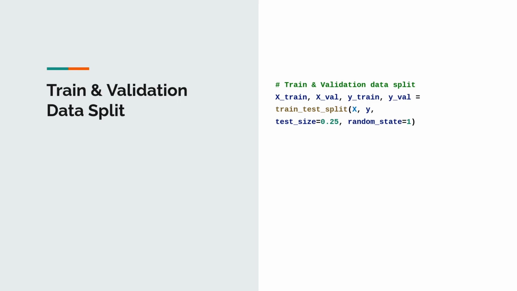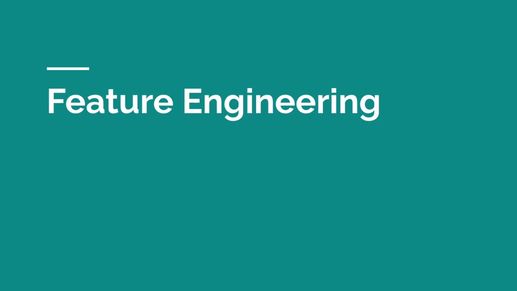And then finally here on this next slide, we are actually splitting the data into a train test split with 25% for the test data set and 75% of the data left to train on. And here I'll pass the presentation over to my teammate to go over the feature engineering process.